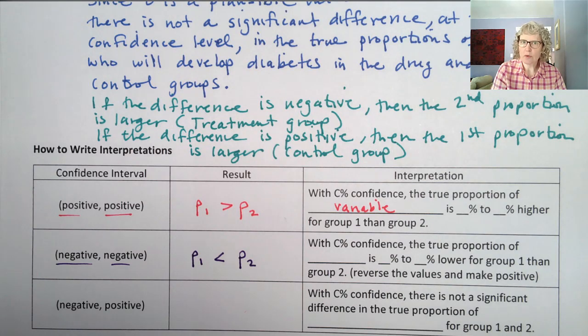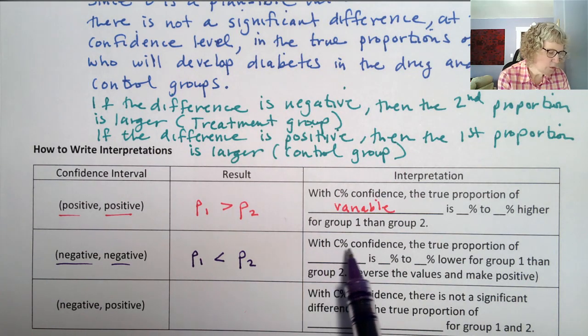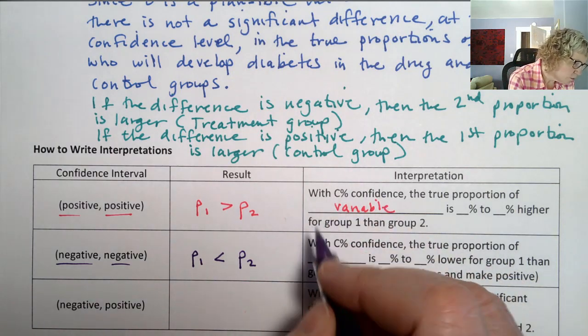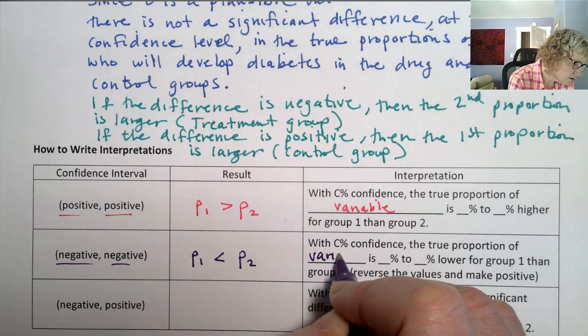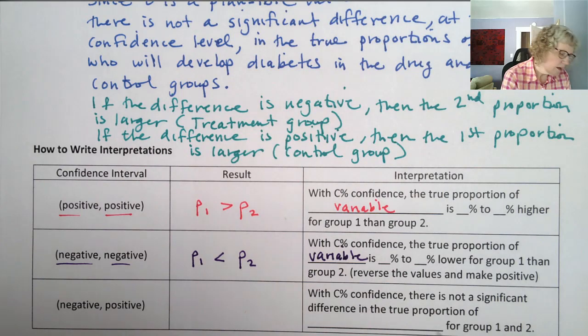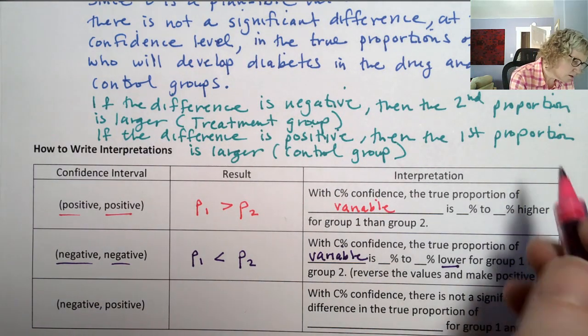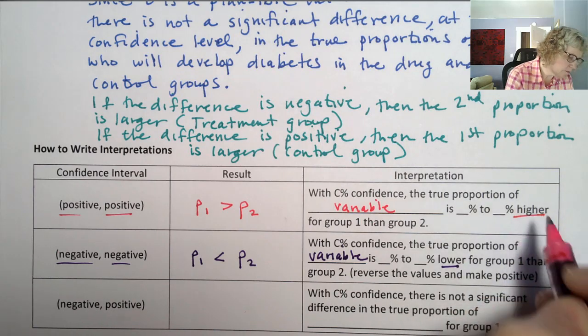The wording would all be flipped. So there we would say with C percent confidence, the true proportion of whatever we're measuring, a variable, is blank to blank percent lower for group 1 than group 2. Let me underline or circle the higher from the first one.